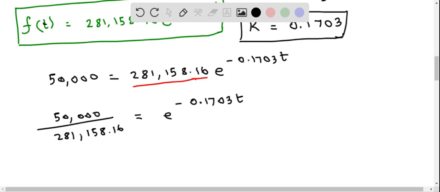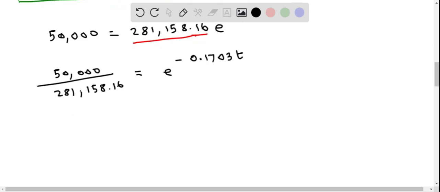Now to determine the value of t, we can apply the natural logarithm to both sides. So we get the natural logarithm of 50,000 divided by 281,158.16.